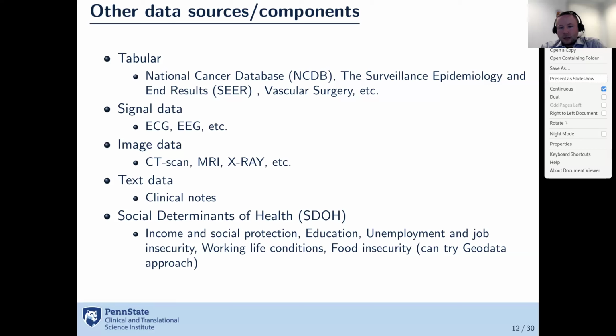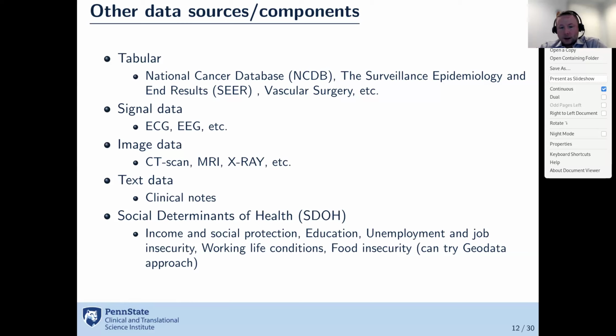There is also signal data, with ECG data; we'll see later in one of the pilot projects that group is looking to stand up a database of all the ECG scans performed to date, a general resource available to anyone within the Penn State research population.